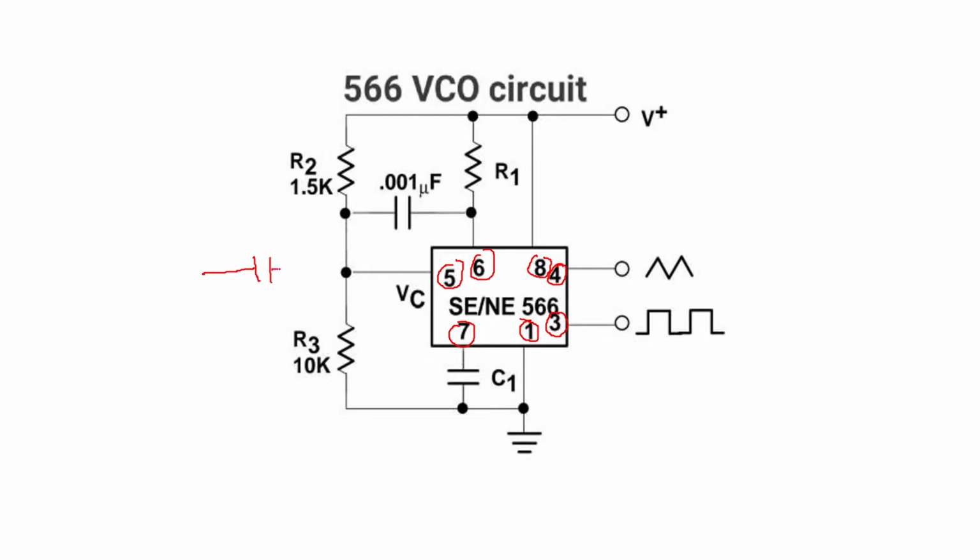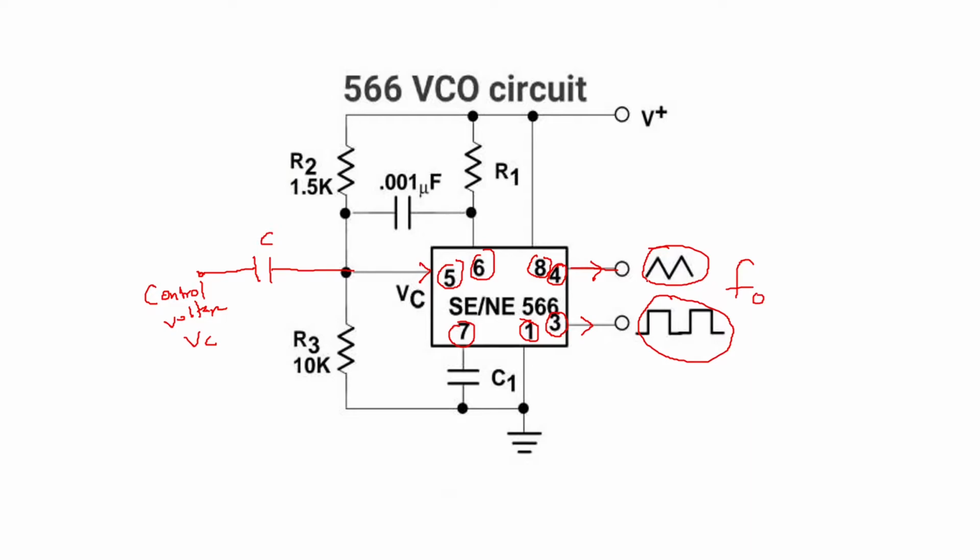Say this is a capacitor C, and here you are going to give the input control voltage, VC. As you give this input control voltage to pin number 5, the output comes at pin number 4 as a triangular wave and at pin number 3 as a square wave, and the output frequency will vary.